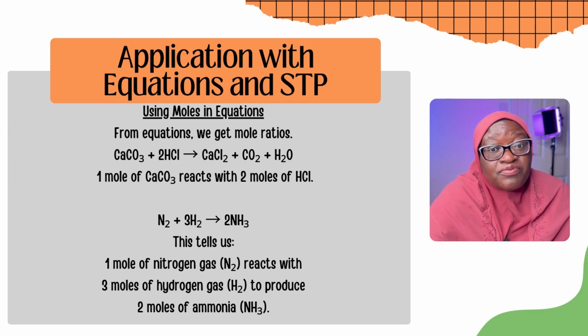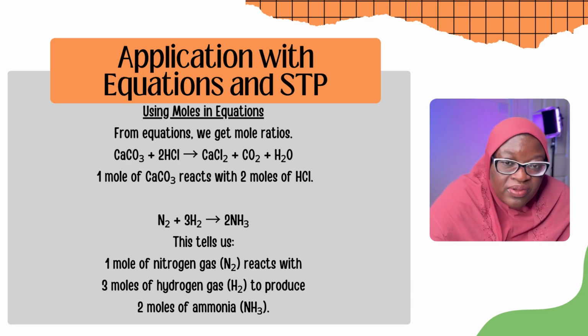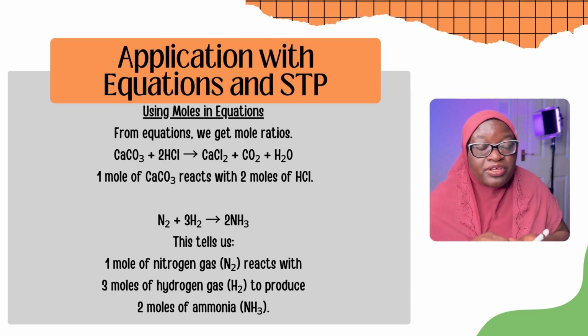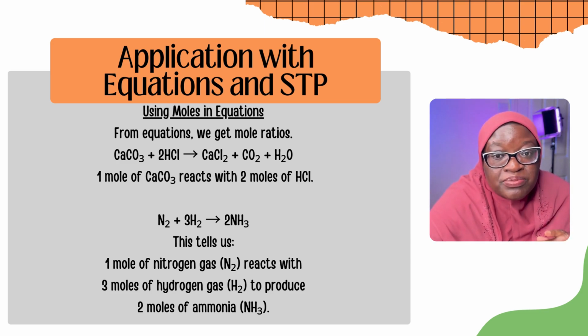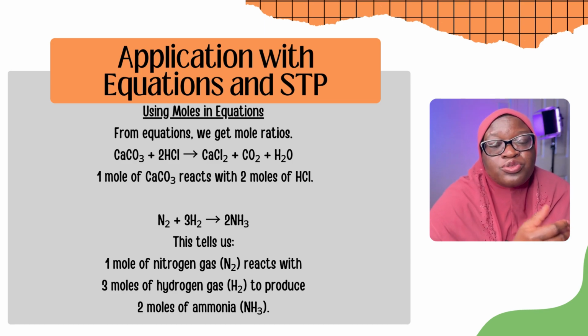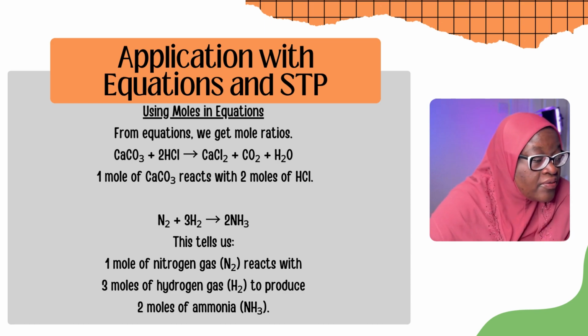So in this case, if you want to do this reaction, you know that you need 2 mole equivalent of HCl for a complete reaction to occur. So that is one of the applications of the concept of mole. It helps us to determine the combining ratios and how to optimize forming new materials through chemical reaction.